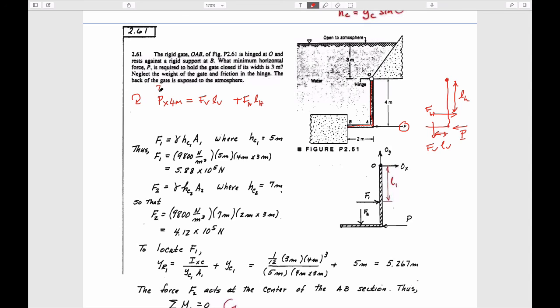You want to know what P is, so you want to know what each of these are. The vertical force is always going to be equal to the depth of the centroid of that surface times the unit weight times its area.